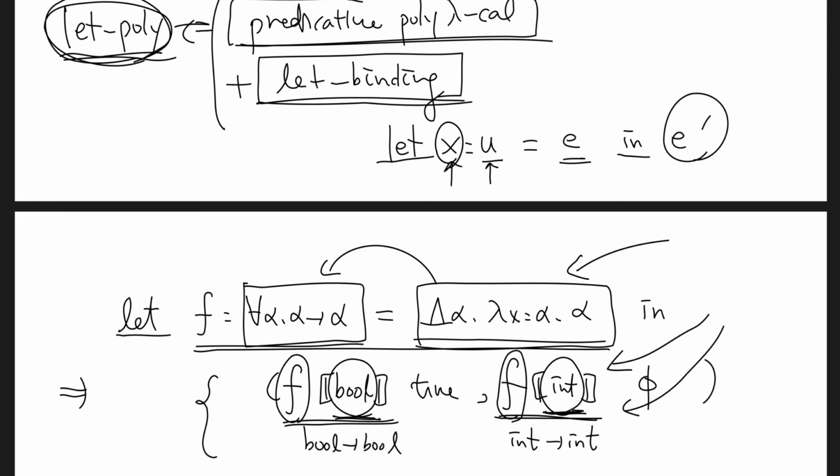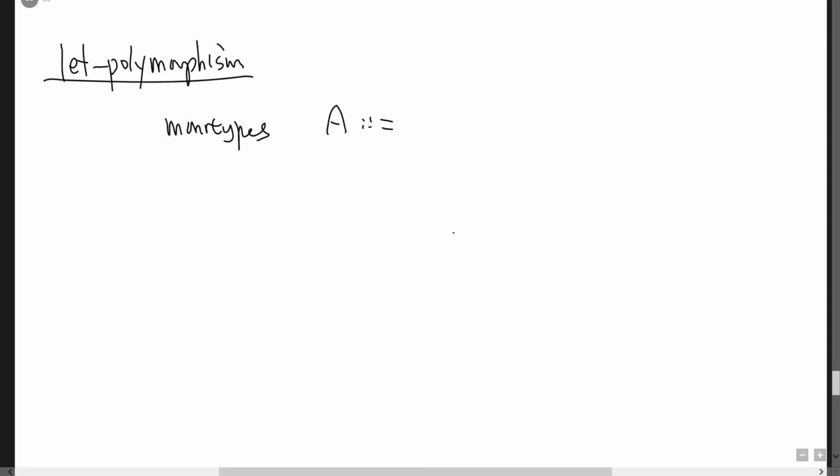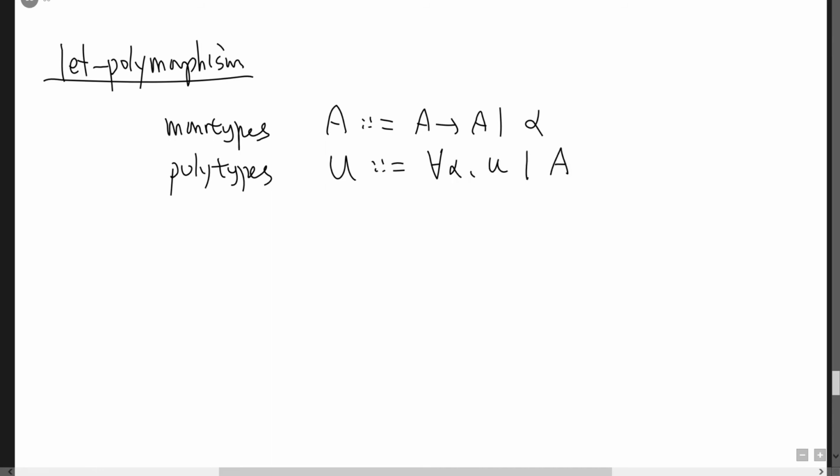Let's formulate this let polymorphism. Similarly to predicative polymorphic lambda calculus, we have two layers of types. First, the monotypes: A is a function type or type variable. And also polytypes: U is a type quantifier, polytype, or monotype.